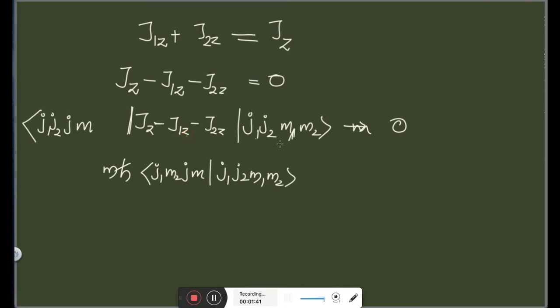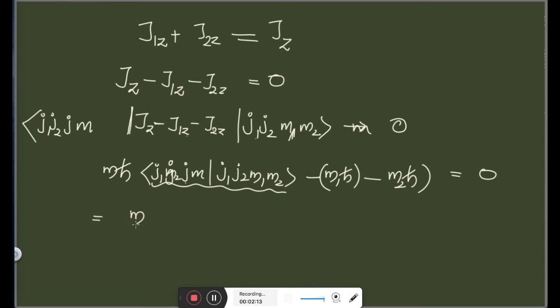Minus J1Z operating on M1, M2 gives you minus M1 h cross, and minus J2Z gives you minus M2 h cross, with the same J1, J2, Jm, J1, J2, M1, M2. And this gives you 0.